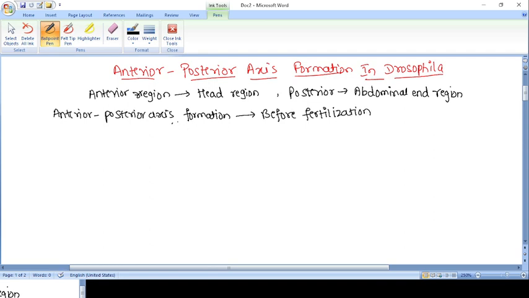And for this anterior posterior axis formation, there are genes involved. With the help of these genes, the anterior posterior axis formation occurs, and these genes are called the maternal genes. The genes which help for the anterior posterior axis formation are maternal genes or maternal effect genes.